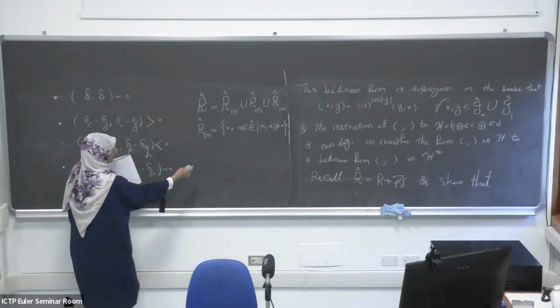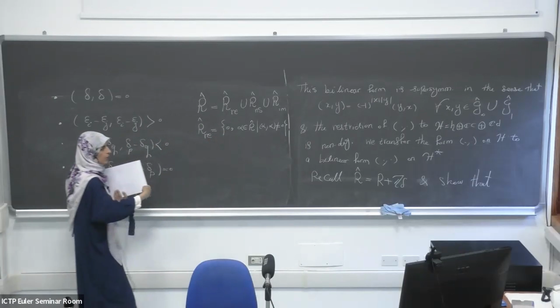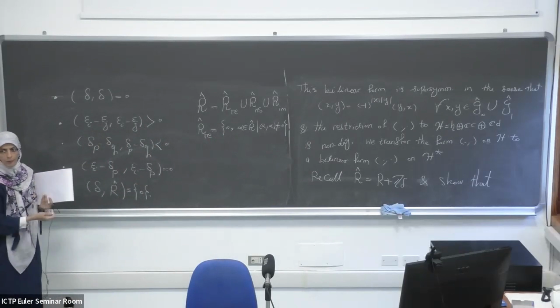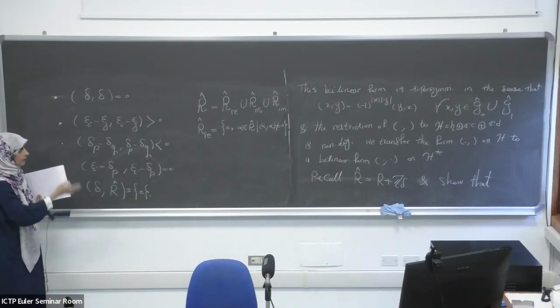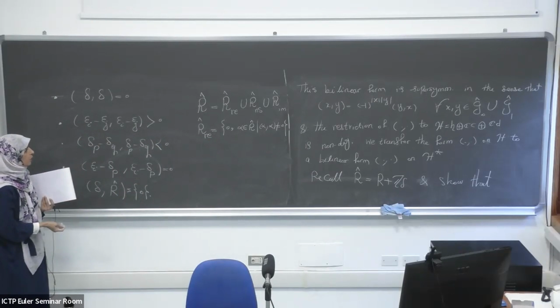If we put 0 here, some people prefer to separate 0, but for me, I always consider 0 as an element of R real hat, R ns hat, and so on.